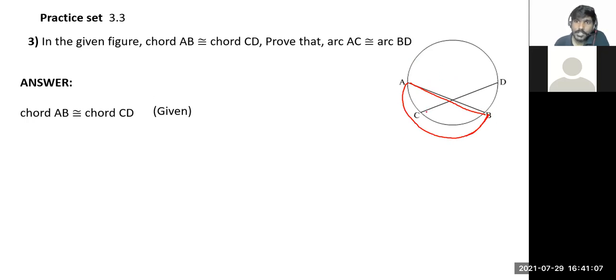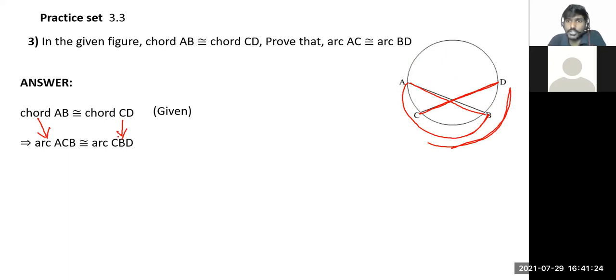For chord CD, arc CBD is corresponding to it. So these two arcs are congruent to each other. Did you understand the second step? Yes, I did.